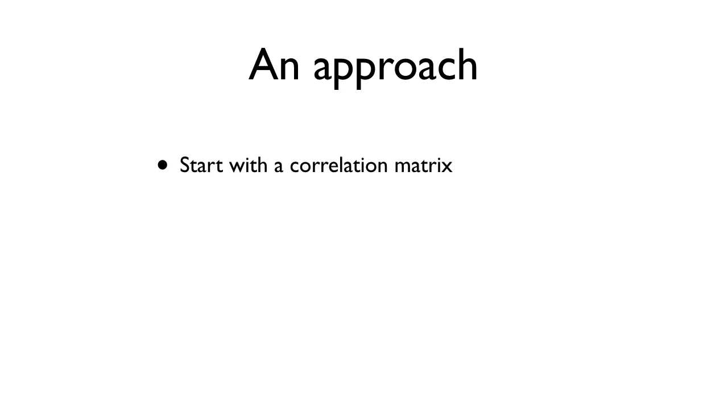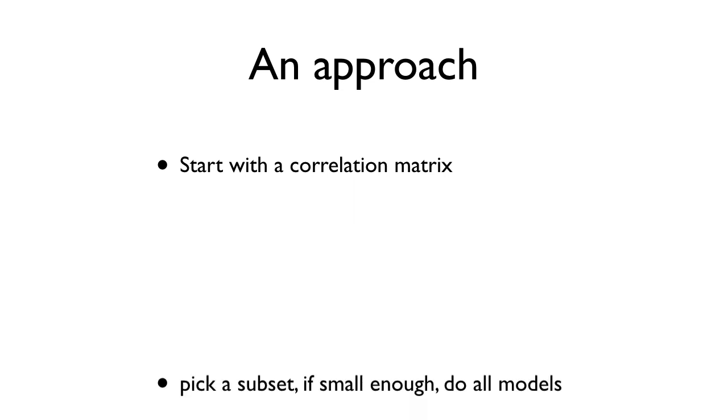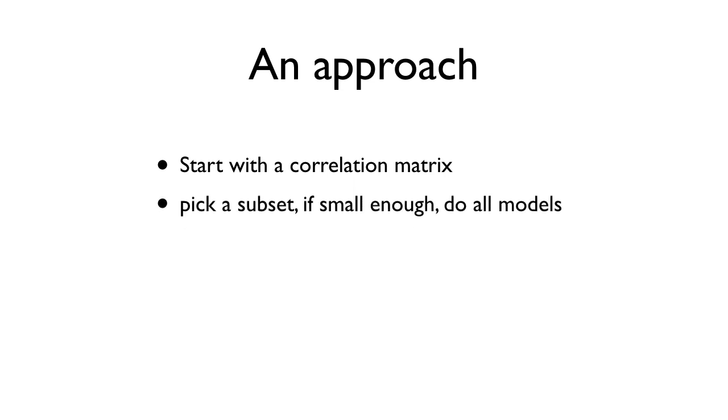So, you start with a correlation matrix. Just look at the y and all the x's. Do they correlate with each other? What you want ideally is x variables that correlate with y, but not with each other. So you can usually drop a few of them immediately. Pick a subset, and if it's small enough, say 4 or 5, you can probably just look at all the possible models.